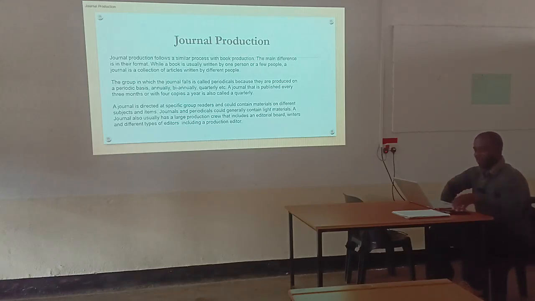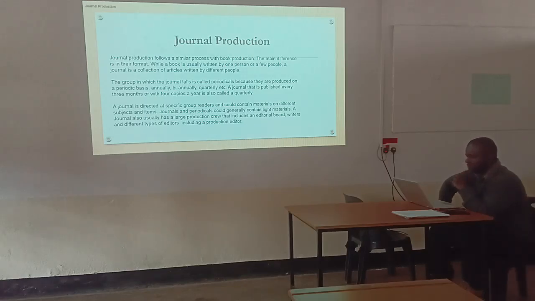It's like a book, you could have one topic, and then three people are going to be writing about the same thing. But in a journal, you could have different topics written by different people, right? But they form one package, right? So that's maybe one of the major differences between journals and ordinary books.